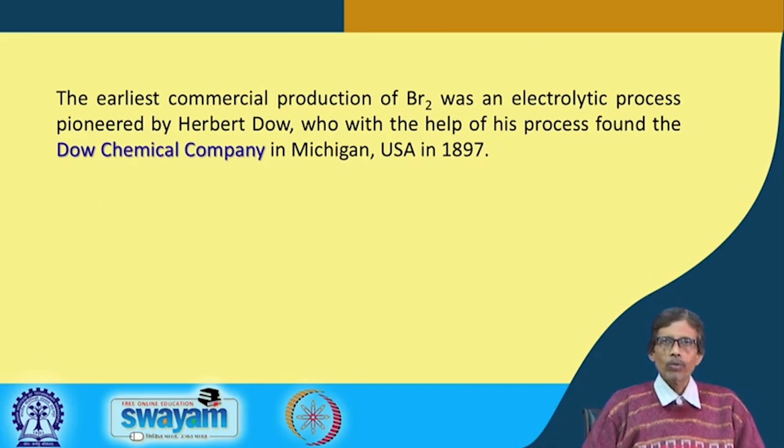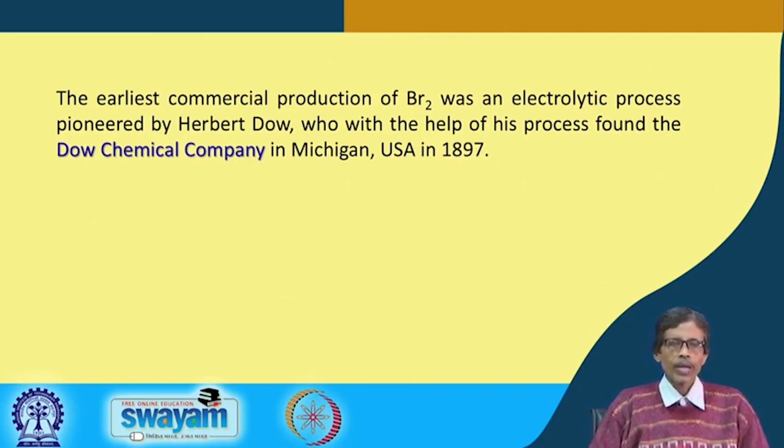We did not even know about the oxidizing activity or oxidation potential of the different materials. But the electrochemical thing people had tried, the anode and cathode and the oxidation and reduction were known at that time. So, it is that person Herbert Dow, because we know the Dow Chemical Company, and from the Bhopal disaster also, the Dow Chemicals were responsible for that, we all know.